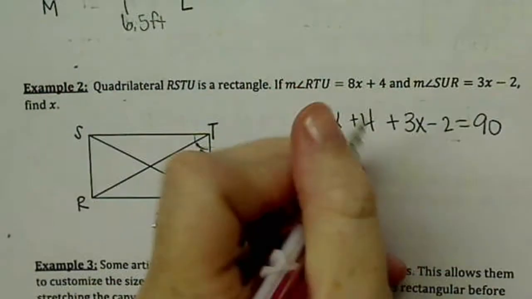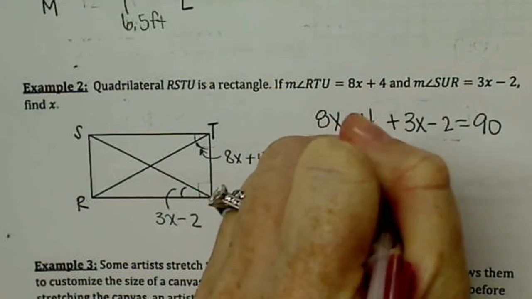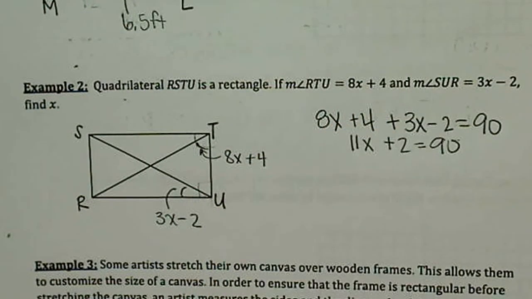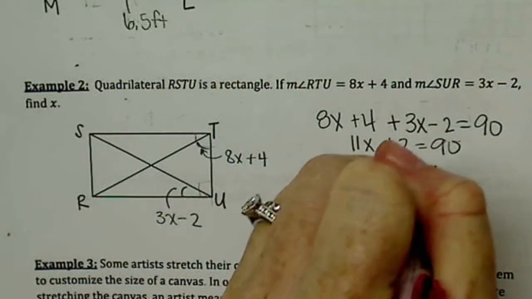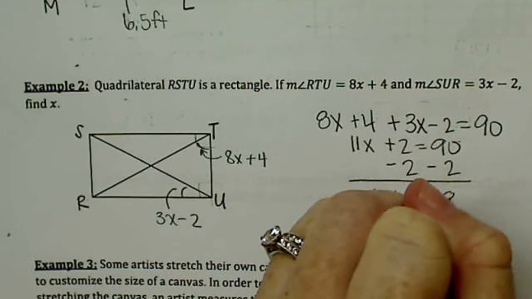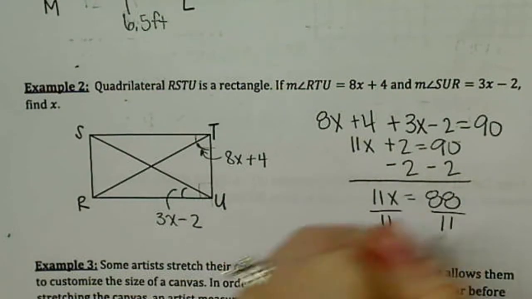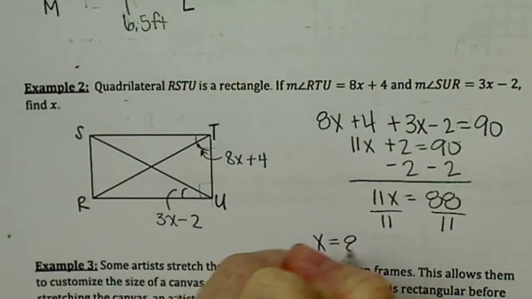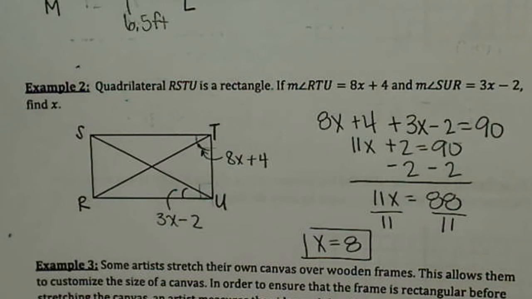Let's simplify the left. Okay, subtract 2, and solve for x. X equals 8, which is what we wanted to find.